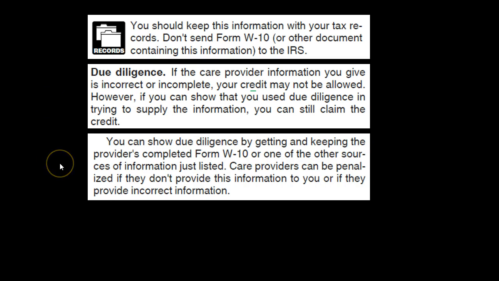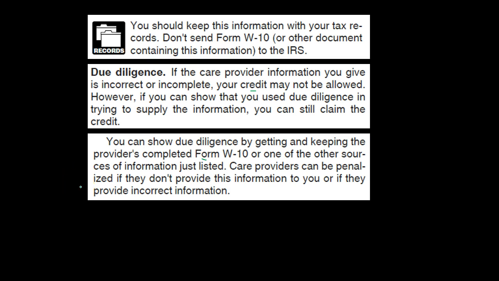You can show due diligence by getting and keeping the provider's completed Form W-10 or one of the other sources of information just listed. Care providers can be penalized if they don't provide this information to you or if they provide incorrect information.